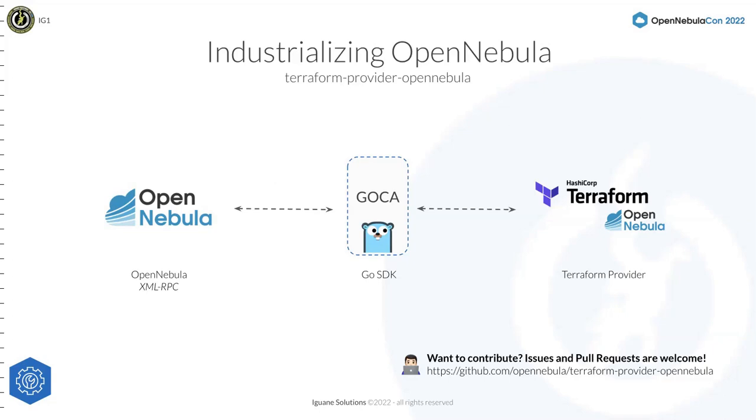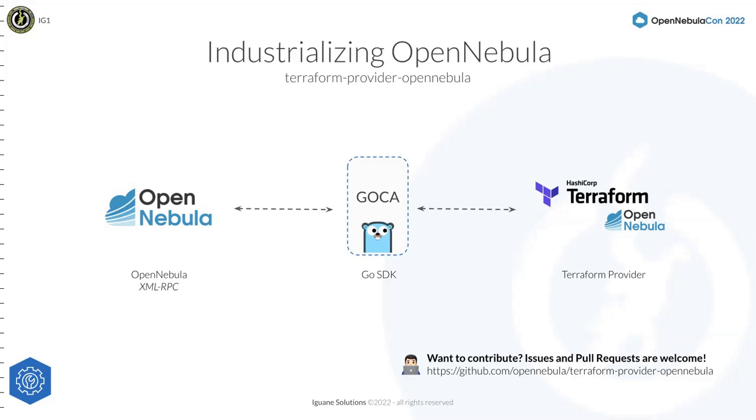Actually, our first contribution to the open source ecosystem of OpenNebula was not Terraform, it was the GOCA. We decided, thanks to the OpenNebula team, to develop a new GOCA, to improve the GOCA, to have something more appropriate to be used as an SDK for any tools using the Golang language.